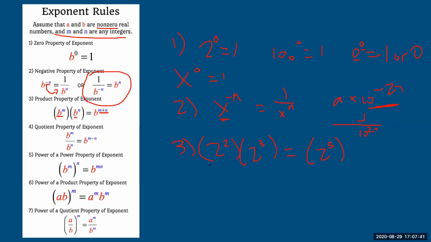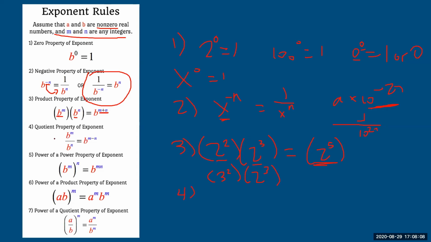So that's how it works. Now notice if you didn't have the same base, so if you had 3 squared times 2 cubed, you cannot simplify that without manually simplifying the exponents first, like as numbers. So this is 9 times 8, which is 72. So you can't necessarily simplify that further. In this one, since they have the same base, both have 2, you can.